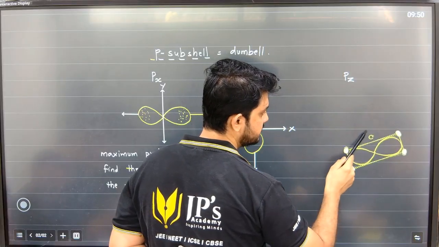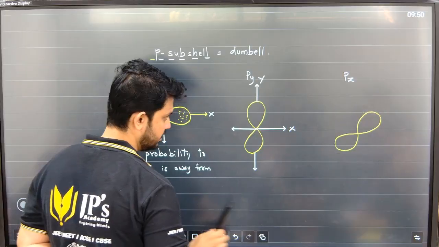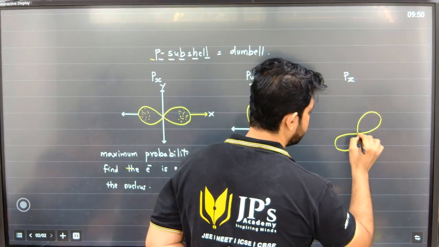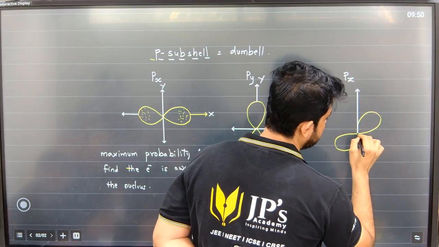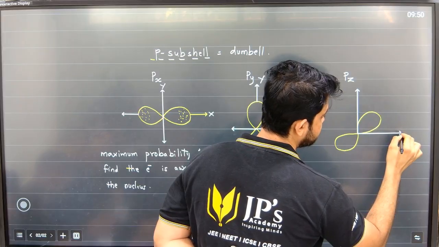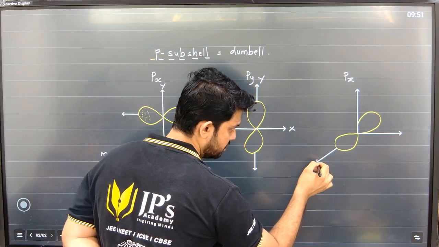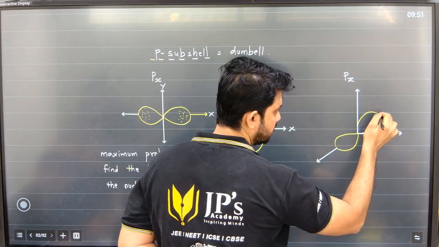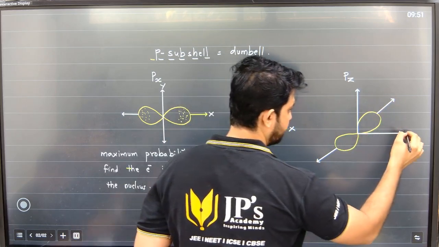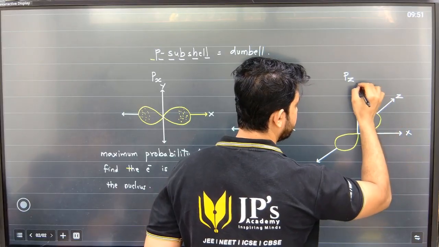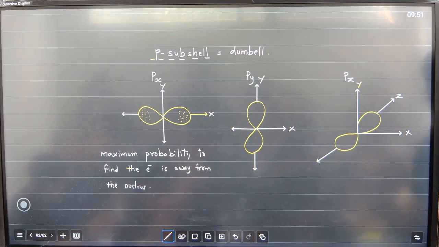Imagine z-axis is like something coming out of the board towards you. This is your y-axis, this is your x-axis, and z-axis comes out of the board. Three orientations.